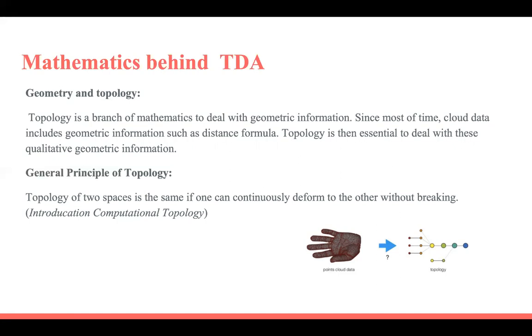The graph shows how cloud data of hands is reconstructed into something like the diagram on the right. Here it is easy to see that after topology data analysis, we figure out some features, but still preserve the geometric features of the original data.